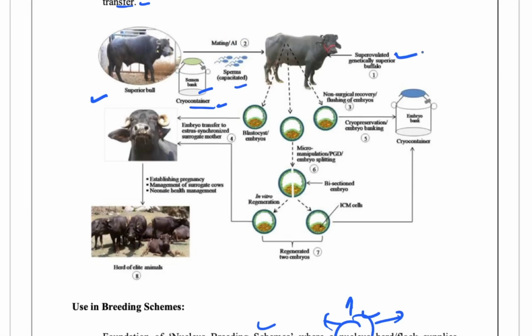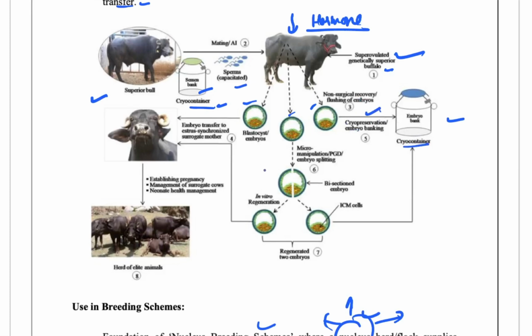So this is the superovulated genetically superior buffalo. What happens in this case is that the embryos are collected, but you have already given hormonal therapy to this particular female, so that the number of ovums increases, right? If there are multiple ovums, there will be multiple zygotes. So these zygotes are collected, okay, and then they are cryopreserved again, right?